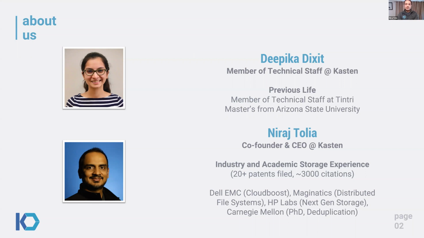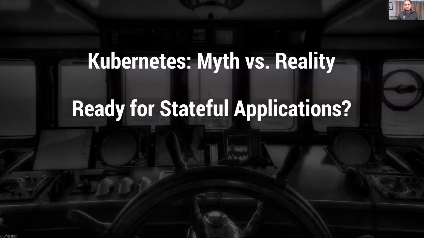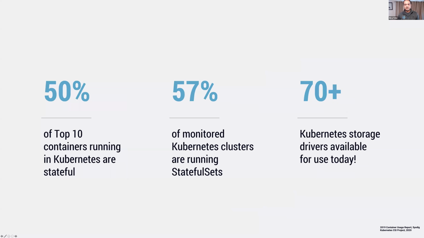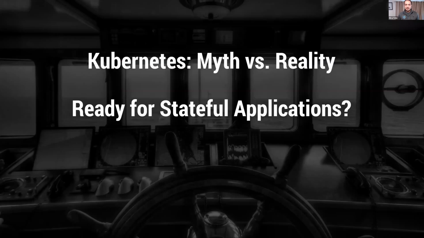So let's first talk about something that there's still a misconception about, where people look at Kubernetes and ask the question, is it ready for stateful applications today? Something that we have run into is that there's a half-life of Kubernetes, in where it started and where it is today.